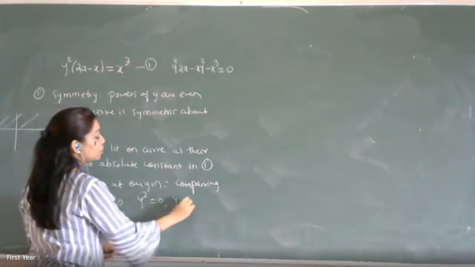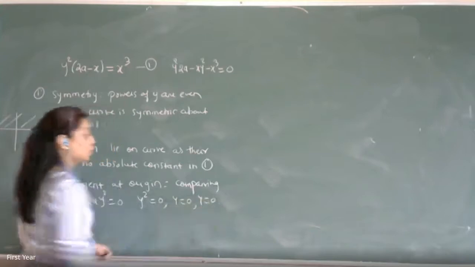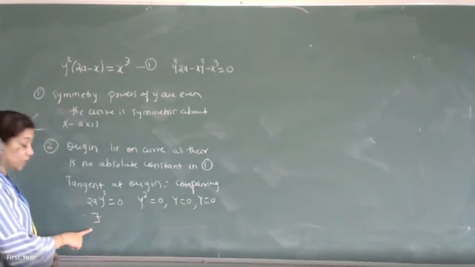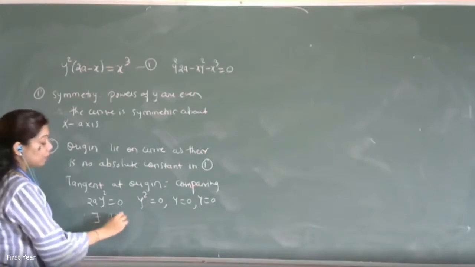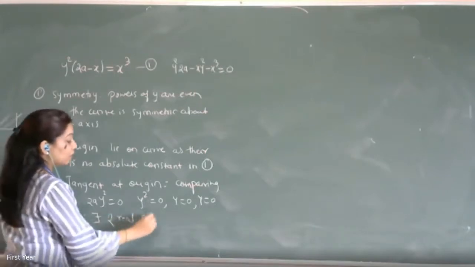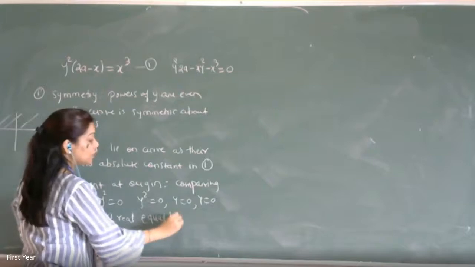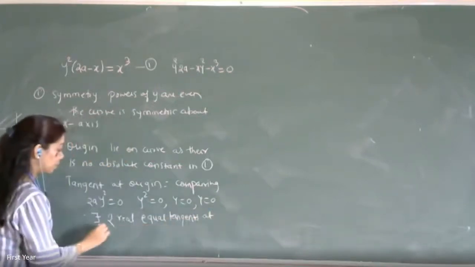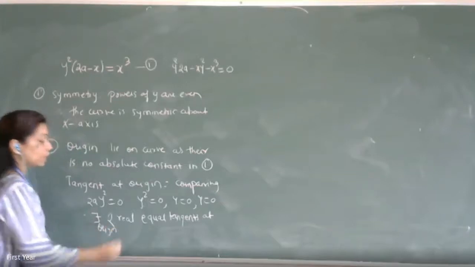That means y is equal to 0 twice. Therefore, there exist two real equal tangents at origin.